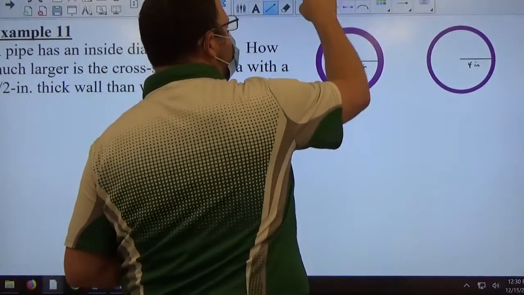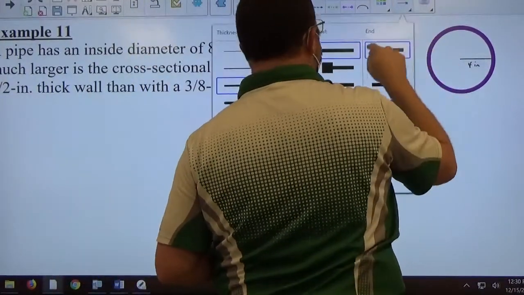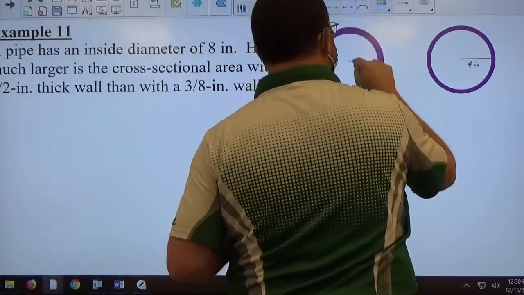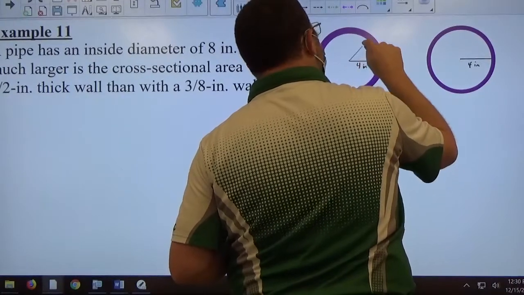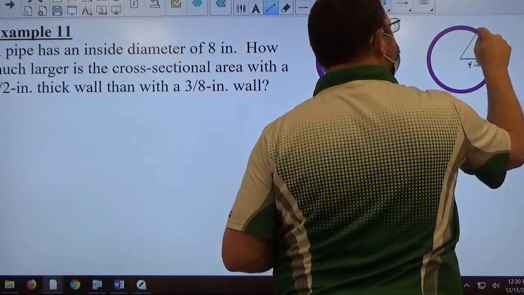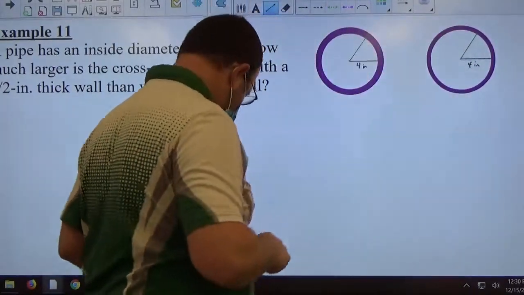Then I'm looking at the other radius. Let's make it green. They're telling me the thickness of the pipe is 3/8 of an inch and the thickness of the pipe is 1/2 an inch, or vice versa, 1/2, 3/8, right?